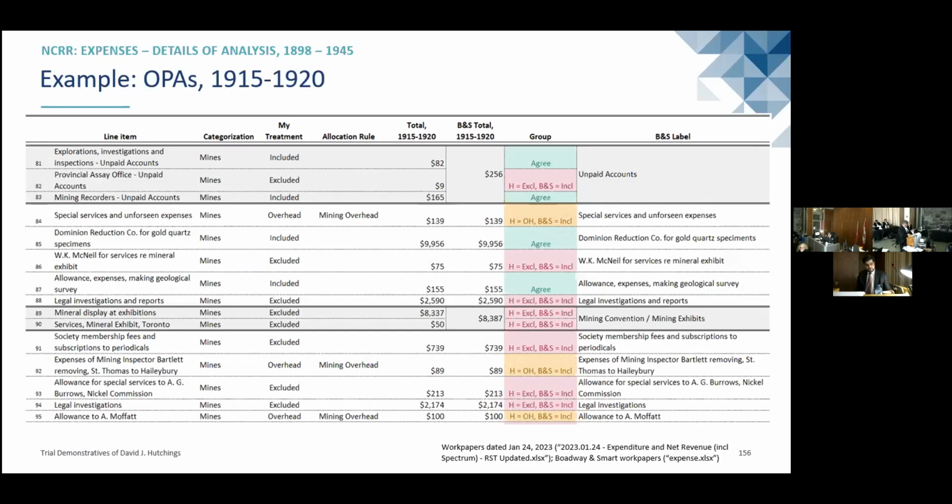The first three items, excuse me, I've grouped together. I had separate line items for unpaid accounts. In looking at Professor Bodway and Smart's data, we can match their general category of unpaid accounts. We agree on two of the three. We disagree on the provincial assay office unpaid accounts. Again, because we disagree on the provincial assay office generally. That's the $9 in the middle.